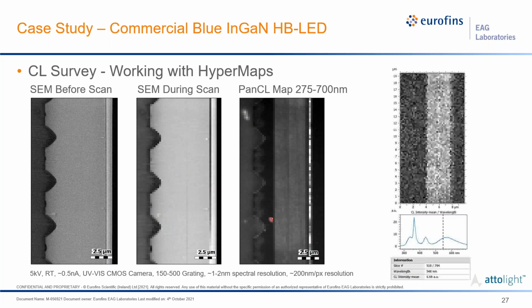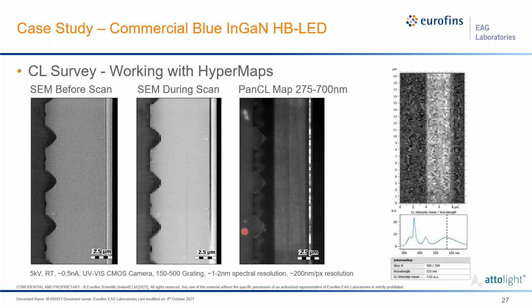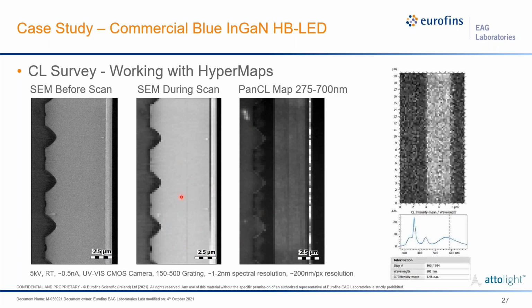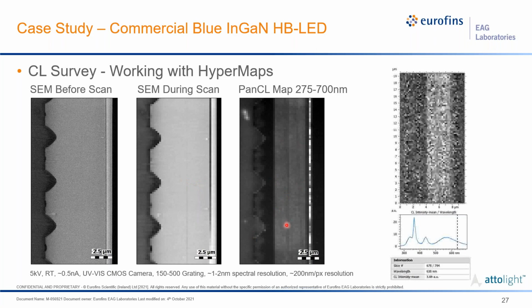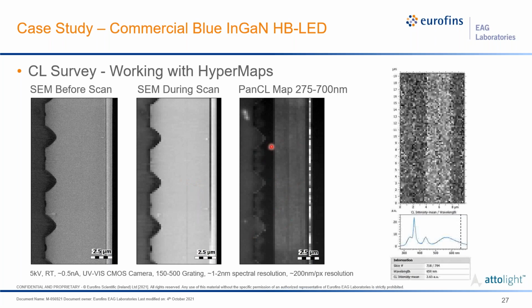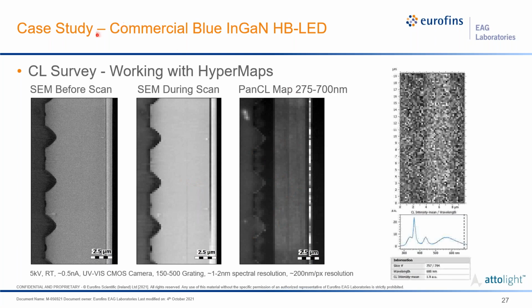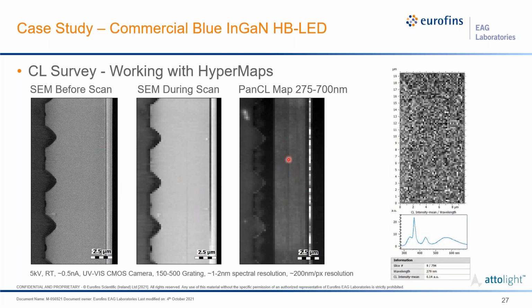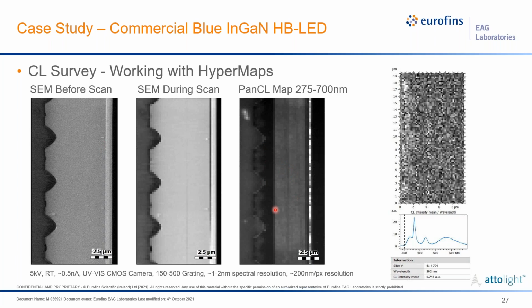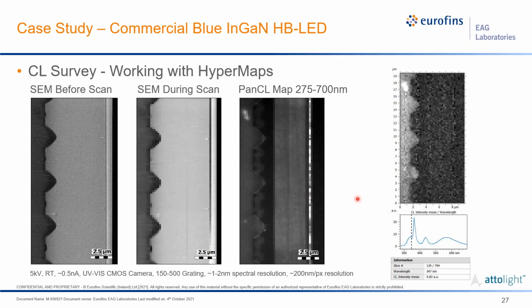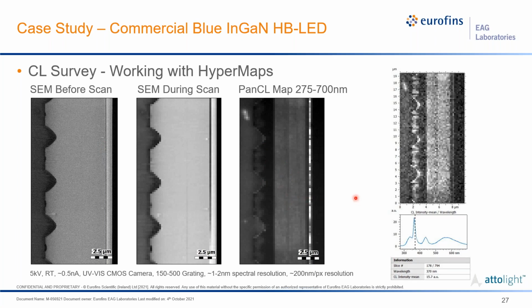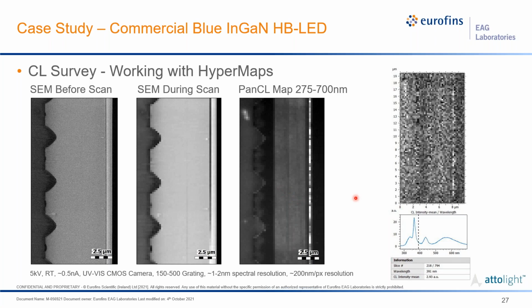To be able to take these images within a reasonable amount of time, we have to reduce the pixel density of the maps themselves. This is a case of working at room temperature. If we worked at cryo temperatures, we would be able to increase the emission intensity by maybe 100 times, so more light will get out.